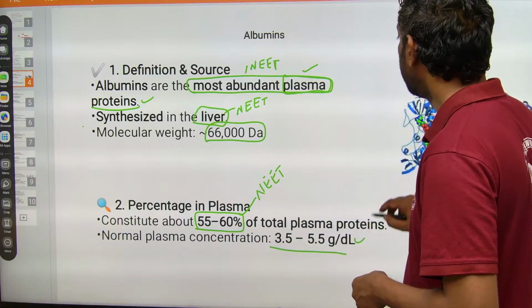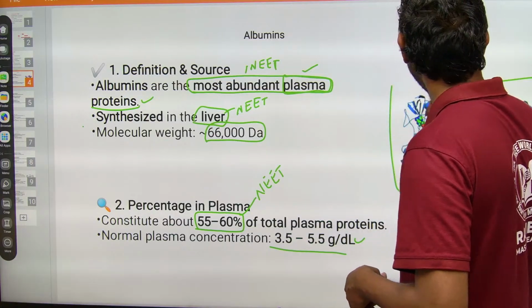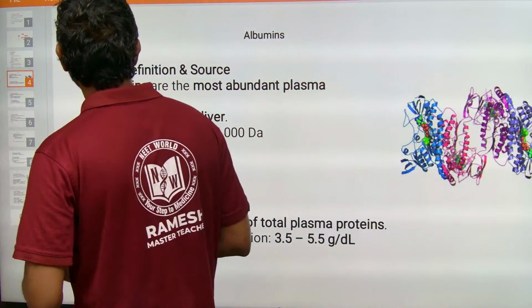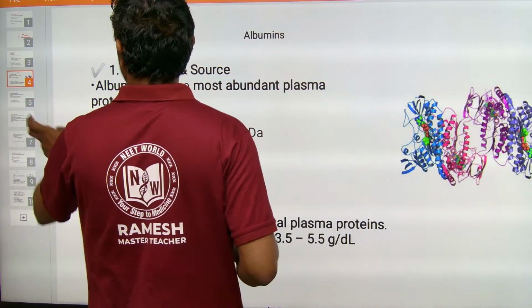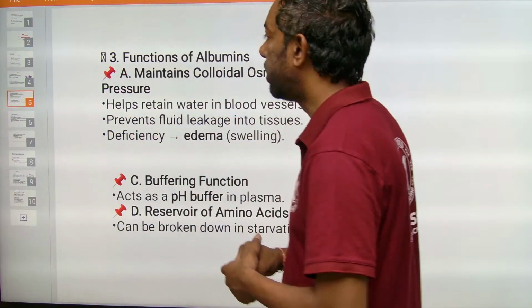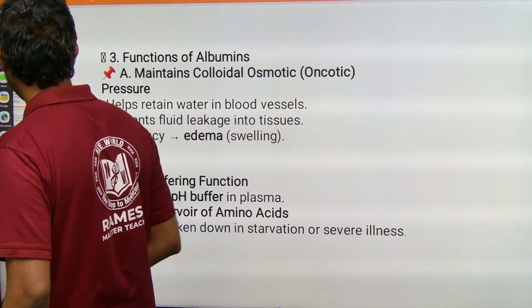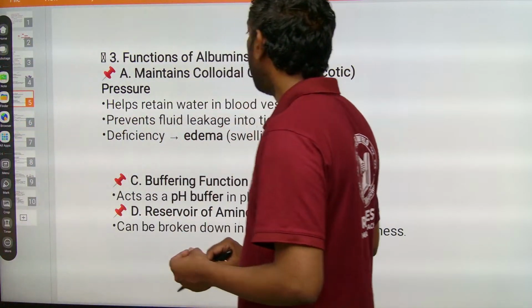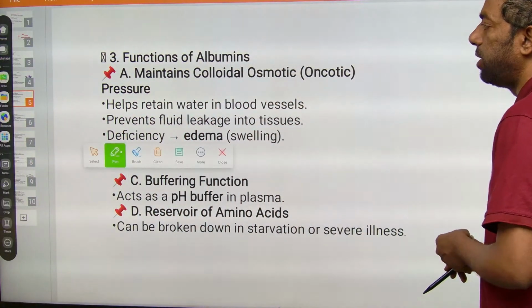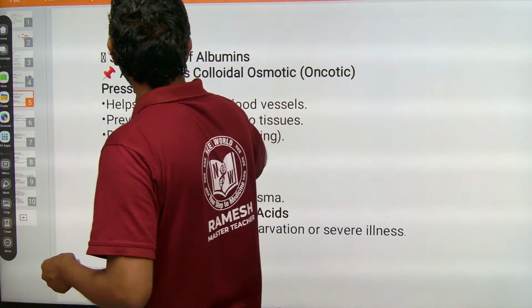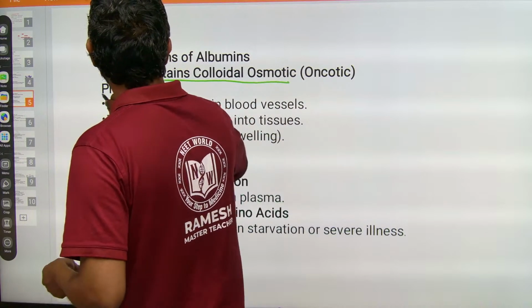This is the plasma protein structure. Next, functions. This is the most important for NEET. The function is to maintain colloidal osmotic pressure.